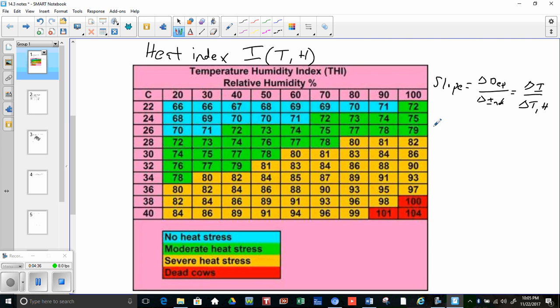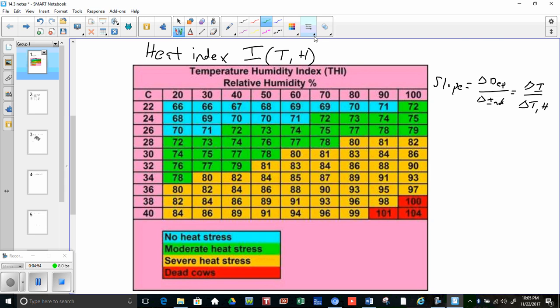So if I was to say something like, I want to find the partial derivative, or how the heat index, whoa, that's really thick. Let's get rid of that. Let's go to a thinner line.